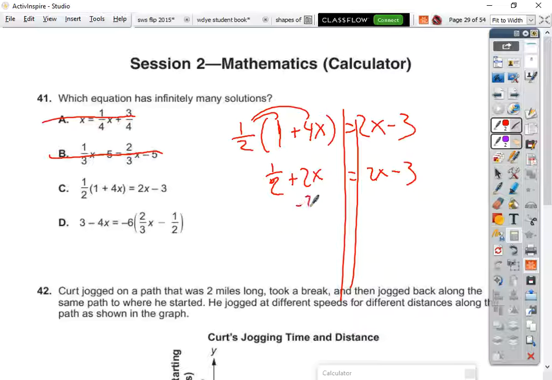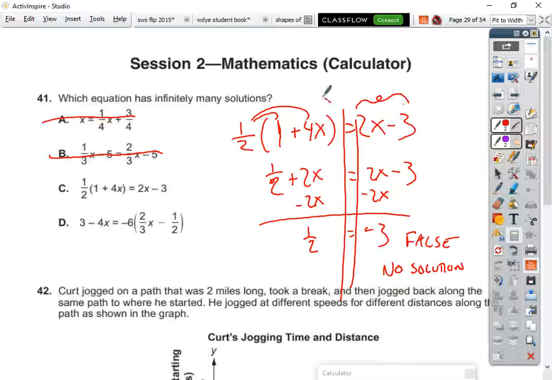When I subtract 2x from both sides to try to get them together, I end up with 1/2 is equal to negative 3. This is a false statement, which means there is no solution. And that's because if I graphed this equation and this equation, I would end up with a pair of parallel lines that don't cross.